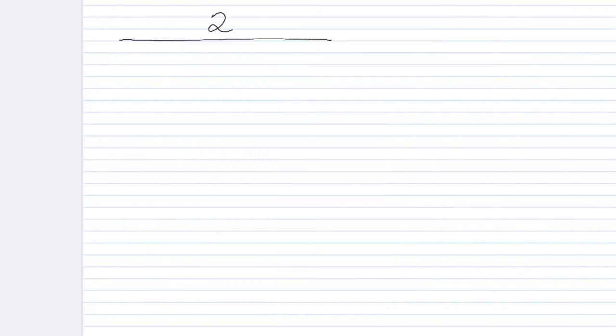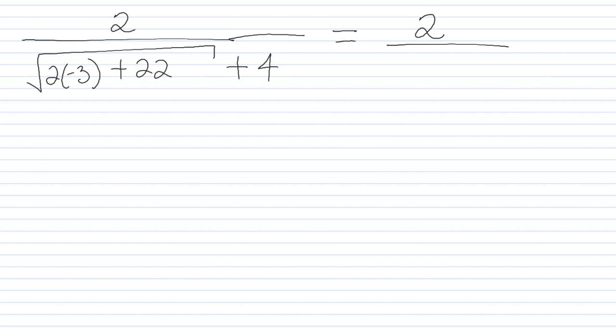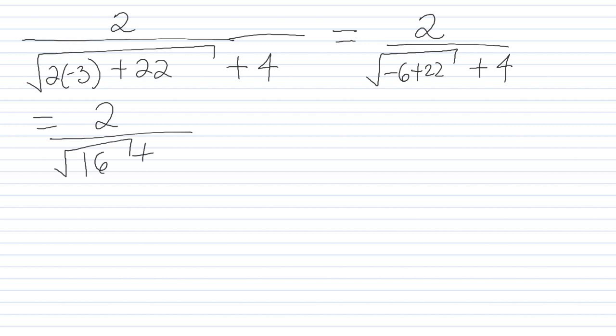Rewriting it: 2 divided by the square root of 2 times negative 3 plus 22, plus 4. 2 times negative 3 is negative 6, plus 22 is 16, so the square root of 16, plus 4.